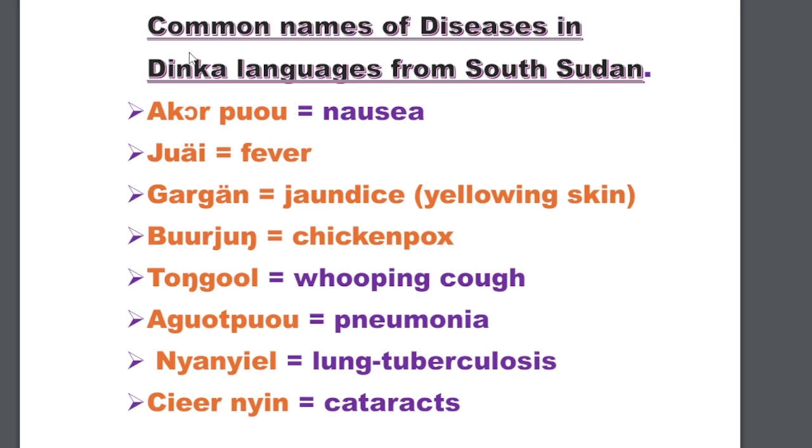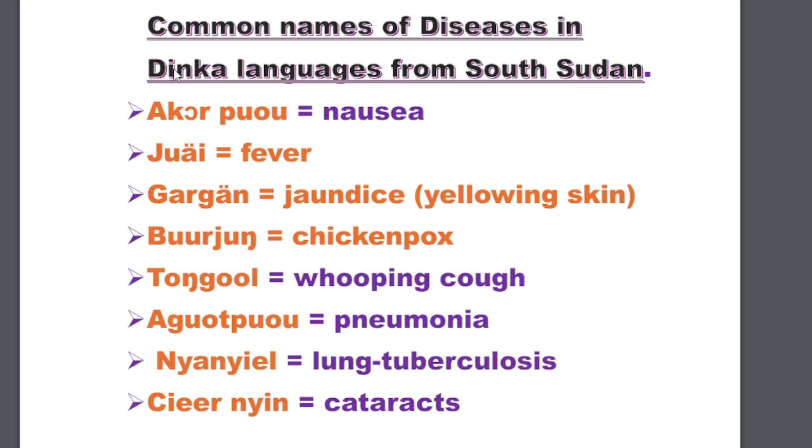Today, our lesson is we are going to learn common names of diseases in Dinka language from South Sudan. We are going to learn 40 common names of diseases or sicknesses in Dinka language and also in English.